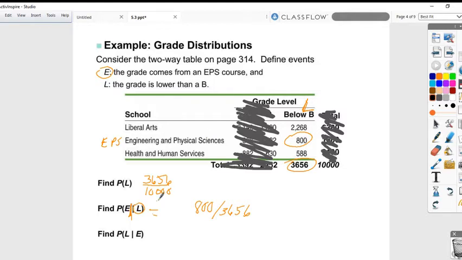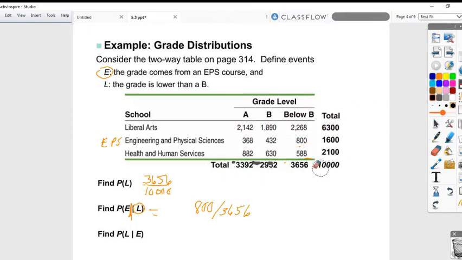Okay, now let's try a different one. Let me clean this up and start over again on my chart so I can see my numbers. It says, now find B given E. So I'm only given the E now. This is all I'm given. Everything else is going to be covered up.